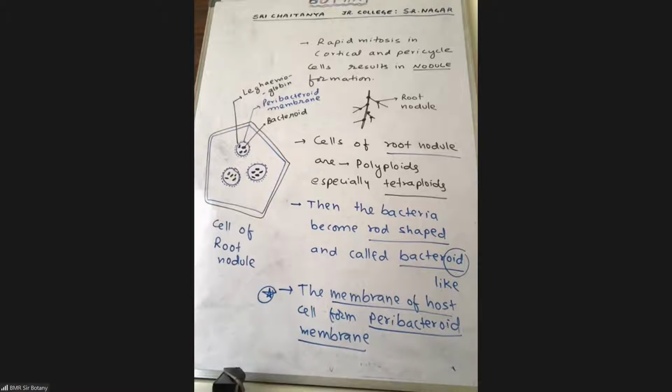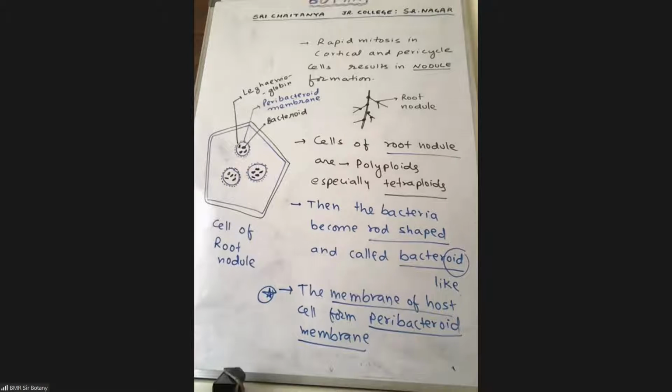And the heme part is from the root host. The globin part is from bacteria. So the enzyme in them now becomes functional to cause nitrogen fixation. So, a cell of a root nodule, bacteroid, peribacteroid membrane surrounded by leghemoglobin. See how peculiar.